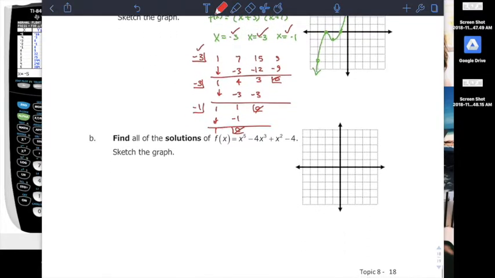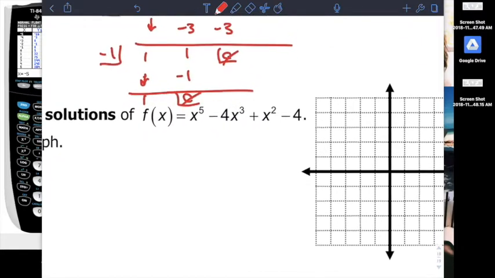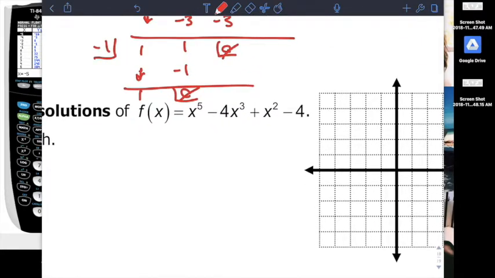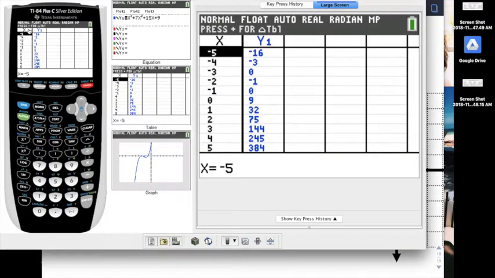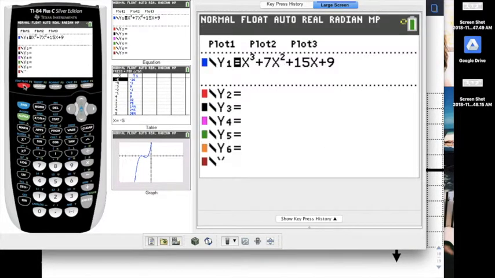So, okay, find all the solutions for this graph right here. Notice it's x to the fifth. Notice there's a gap. But let's see if we can figure out what makes this graph unique. So go to y equals. Clear it out here. We got x raised to the fifth minus 4, and then x raised to the third, and then x squared.